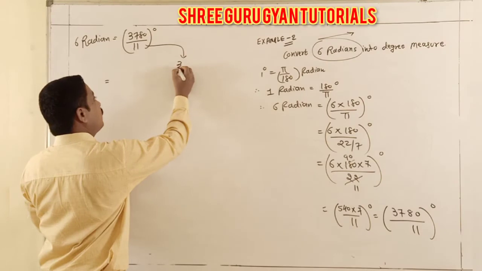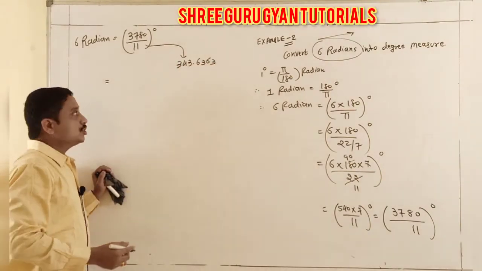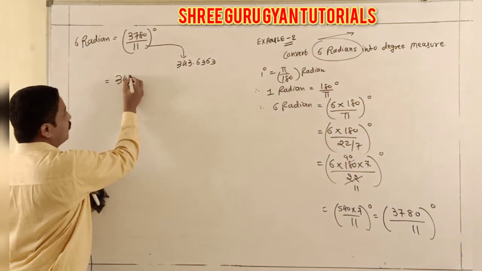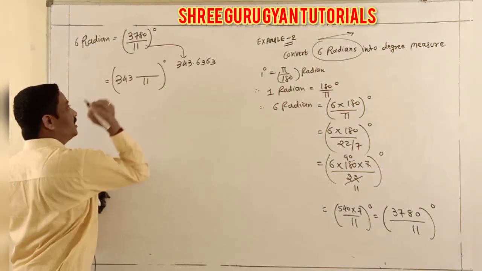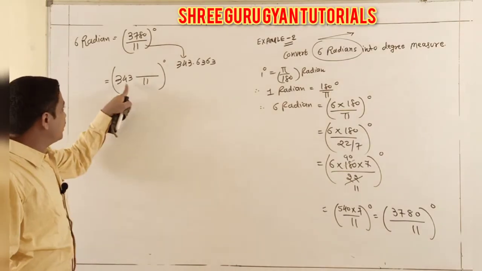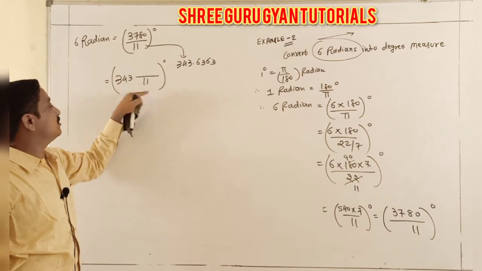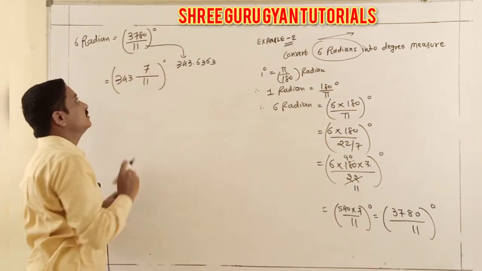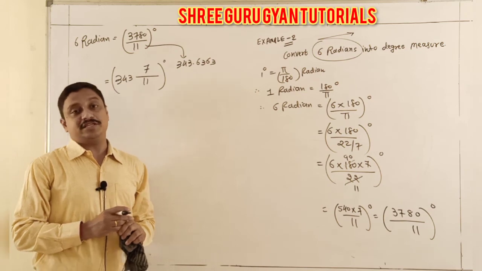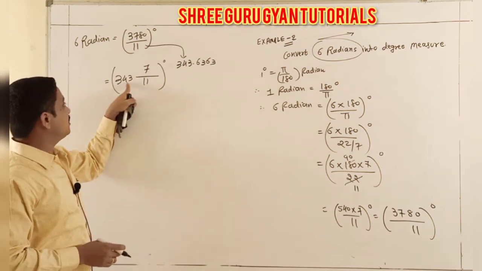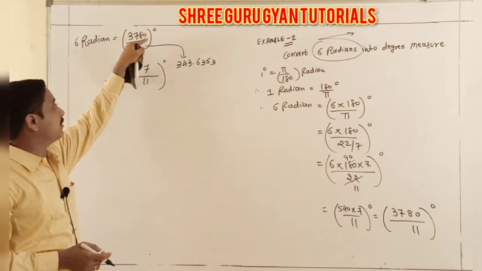It is 343.6363 approximately. So I just write down 343. 11 is divisible, and here some degree is available. So 11 into 343, if you calculate, surely it is 3773, and 7 is left. Multiply 11 and 343, it is 3773, and the remaining 7 gives 3780.